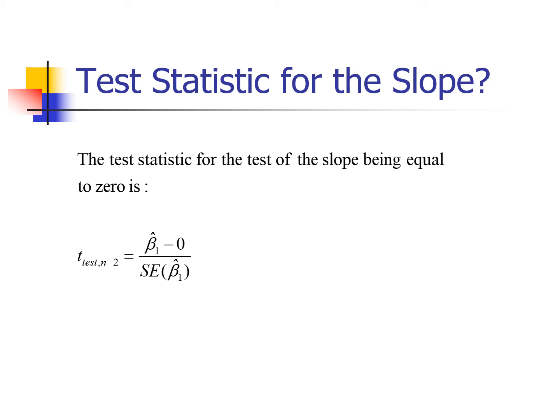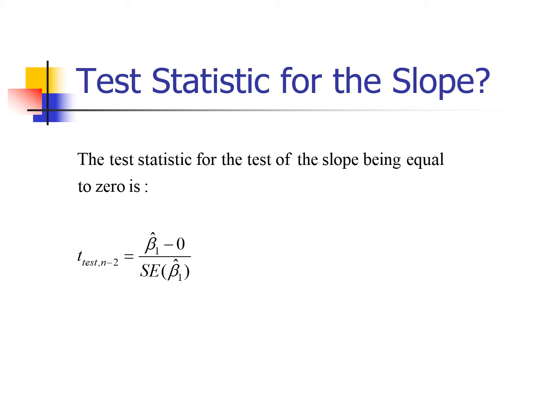The test statistic looks like this. This is actually a very familiar general formula for constructing a test statistic. We're doing a hypothesis test for beta 1. We want to see whether or not it's equal to 0. We take our best guess for beta 1, which is beta 1 hat, and we look at how far that is from 0. That should be very intuitive. Beta 1 hat minus 0.